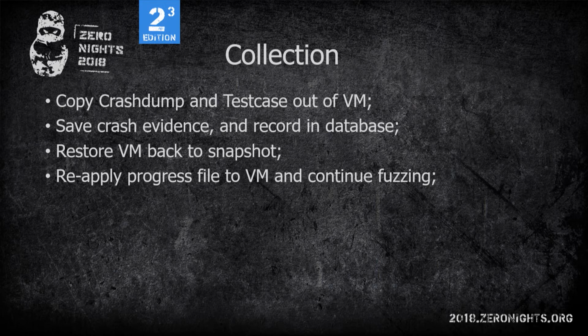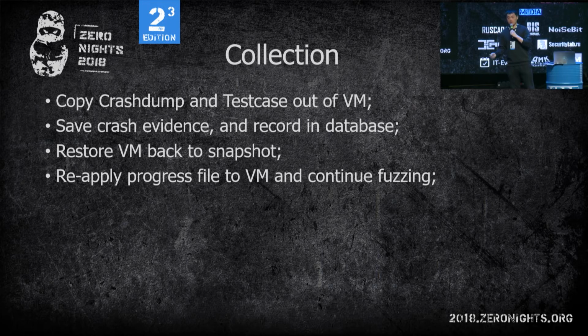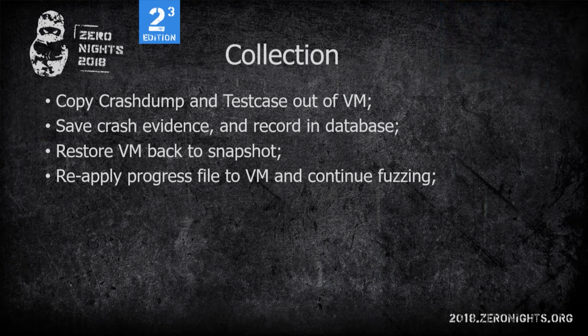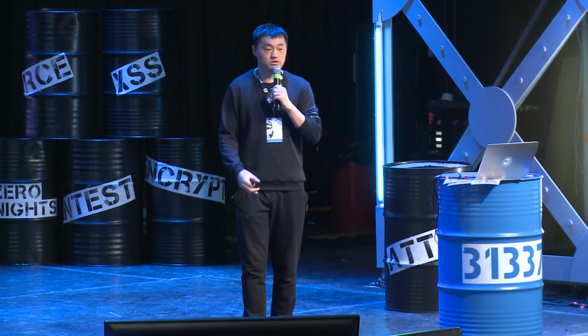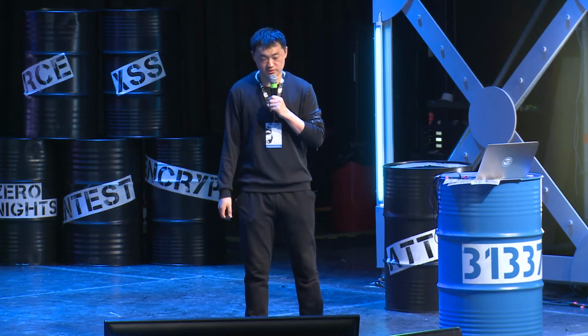Then, after we get some BSODs or crashes, we copy the crash dump and the corresponding test case out of the VM and save them for later analysis. After that, we restore the VM to the snapshot and reapply the process file to continue the fuzzing. That's just some trivial work to do.